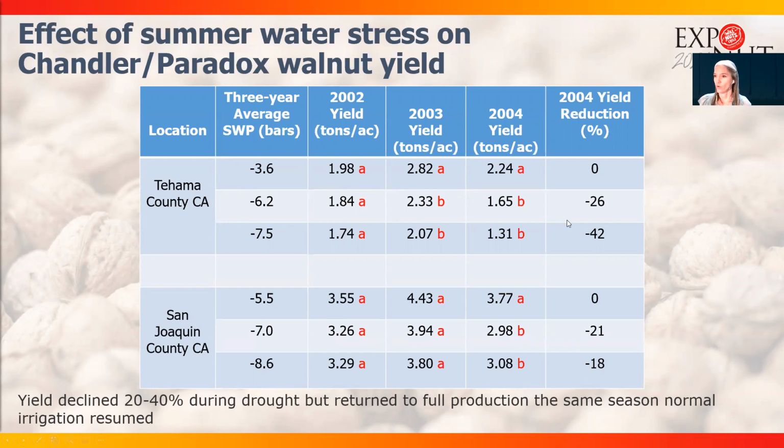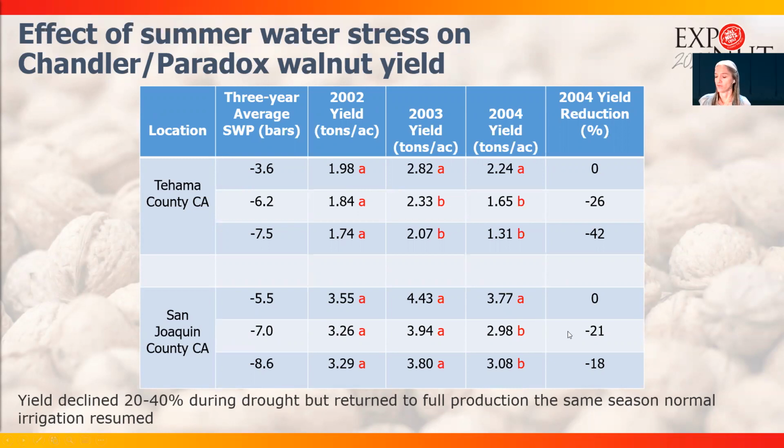In 2004, there was a 26% and 42% reduction for the 2 different irrigation reductions. We also saw a decline in the San Joaquin County site, but it took 3 years of deficit irrigation for there to be a significant difference in the field level yield.